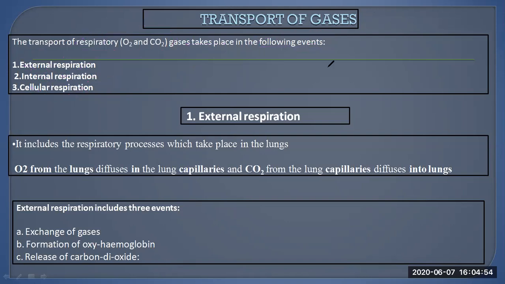Now we will see the first, external respiration. What is external respiration? Simply, when air enters the alveoli of the lungs, the pulmonary artery carries the impure blood and opens into the respective alveoli, left and right.